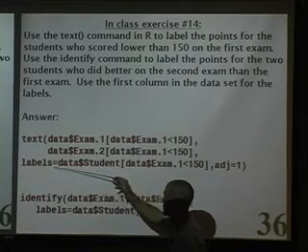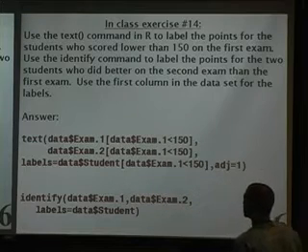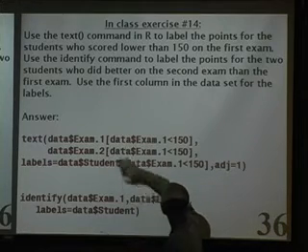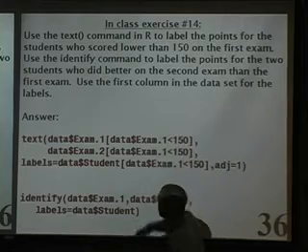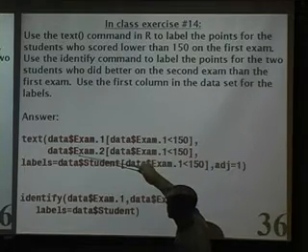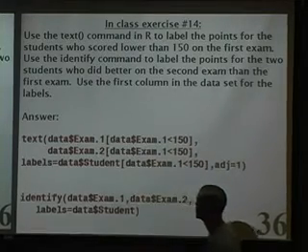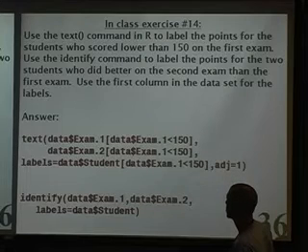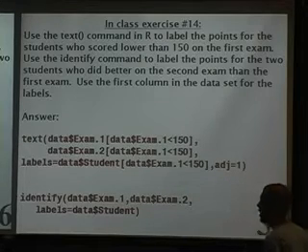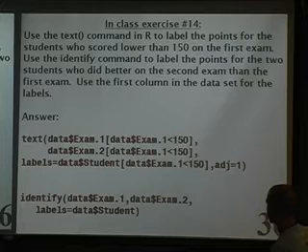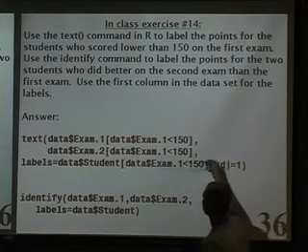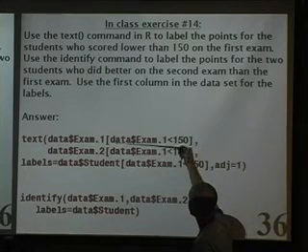So basically, the shortcut: if you forget about everything in the square brackets here, data$exam1, data$exam2, labels, if you just called that, you would label every single point. That would make the plot look pretty messy. So what I did is I took a subset, and it's the same subset each time: data$exam1 less than 150.